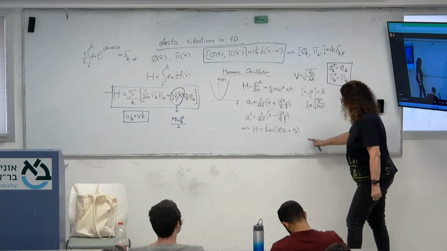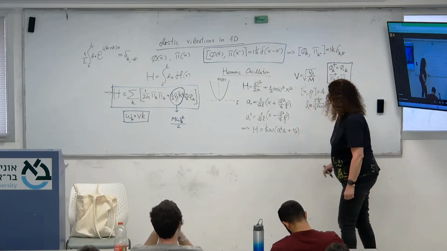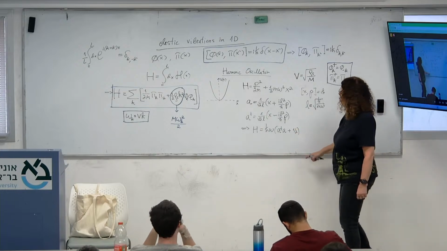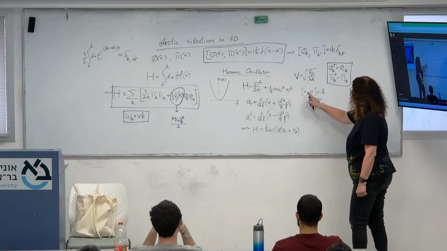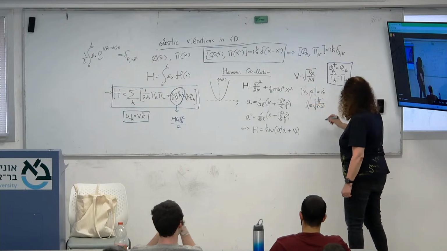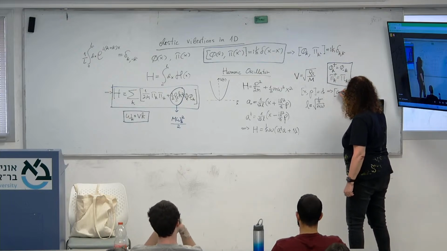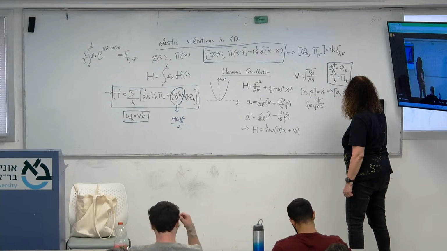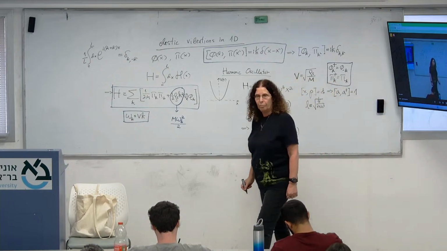In order to get this half, what I used is the commutators of X and P, and if X and P obey the canonical commutators, one can easily show that the commutator of A and A dagger gives you 1. Okay?